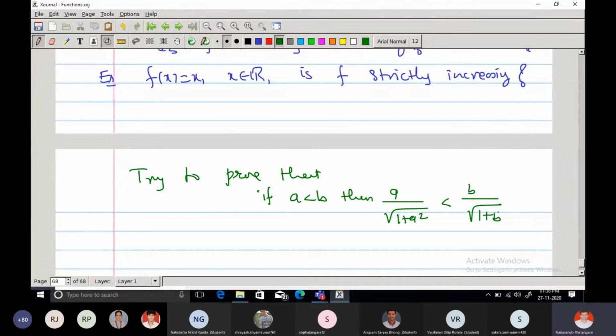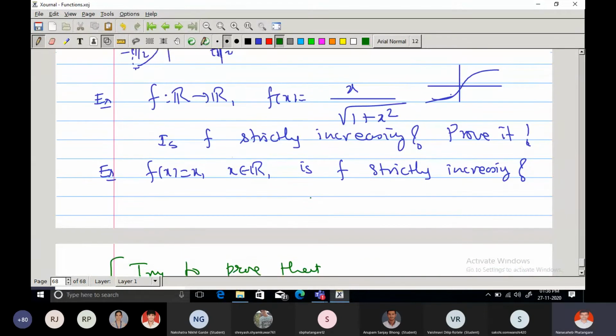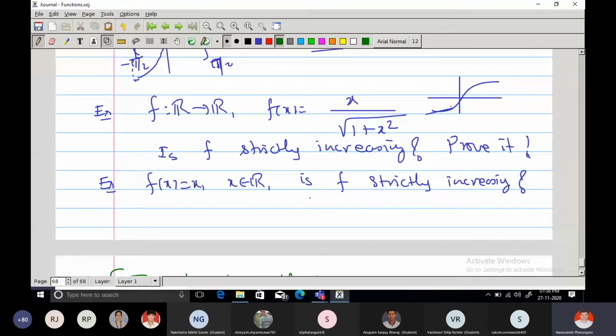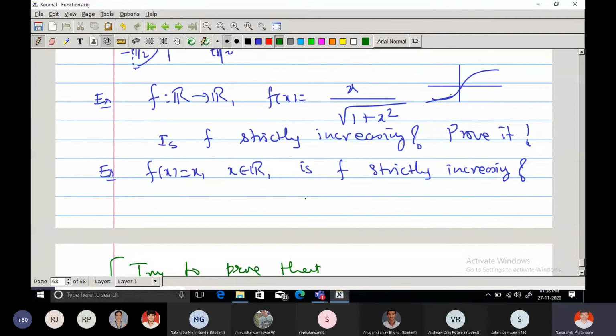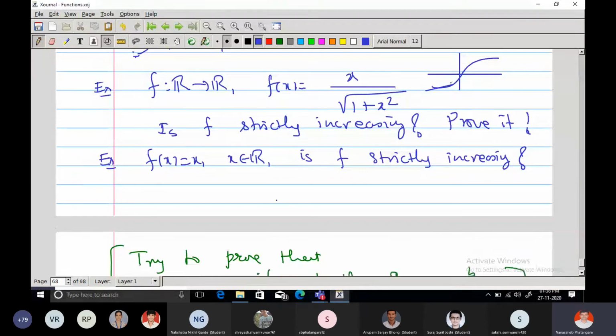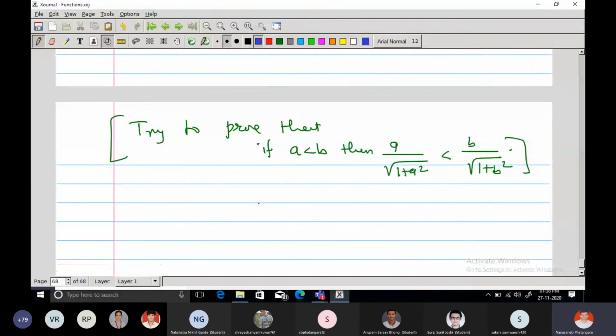Right? But you have already proved this, so in some sense, just work it out. f of x is equal to x. Is it increasing? Strictly increasing? Yes. Right? So if I define f from R to R, f(x) is equal to x square.